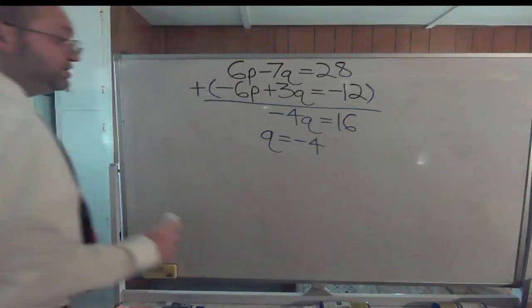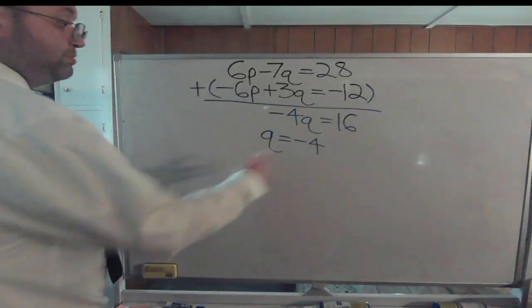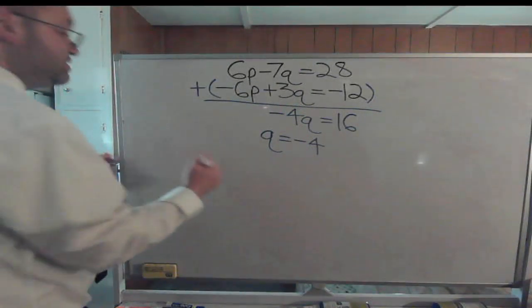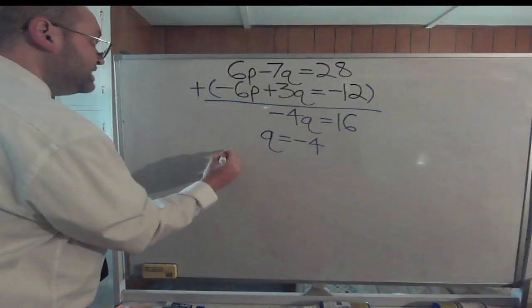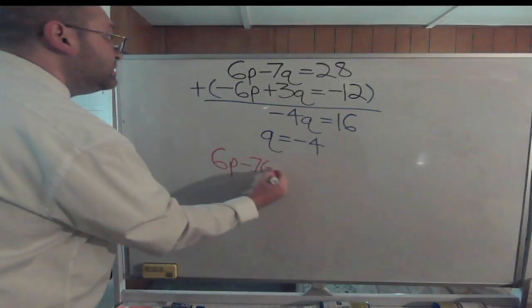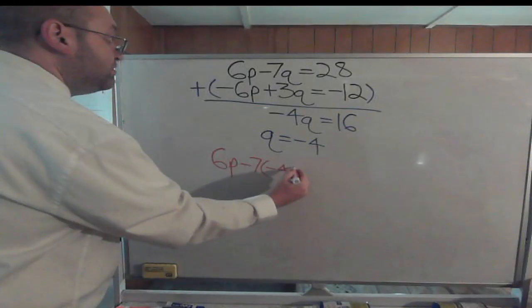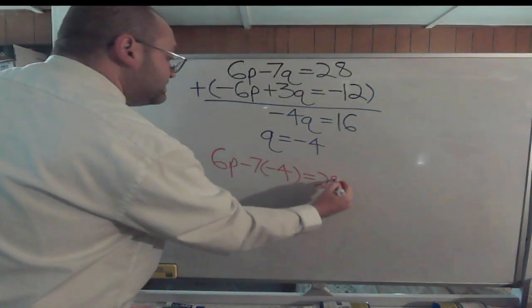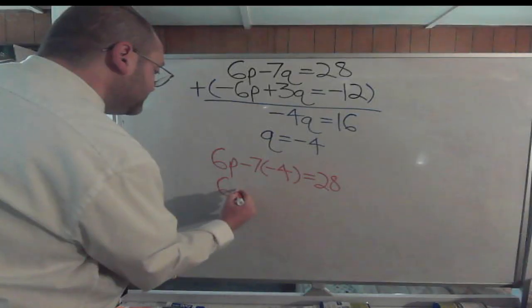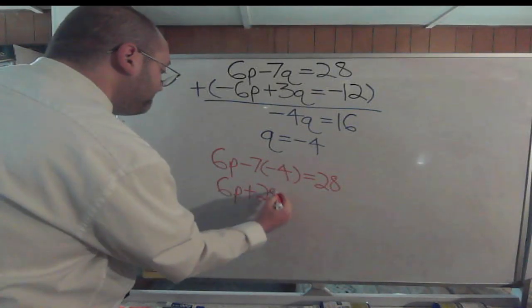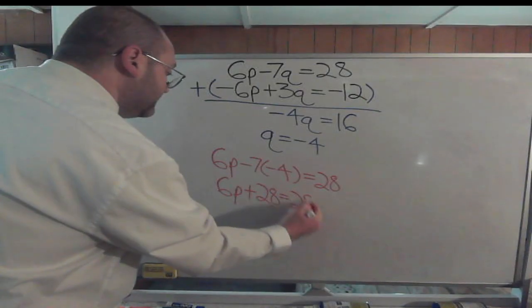Now all we got to do is solve for the p coordinate by putting that value of q into one of these equations. So I'll take 6p minus 7 times negative 4, set that equal to 28. So then you'll have 6p plus 28 equals 28.